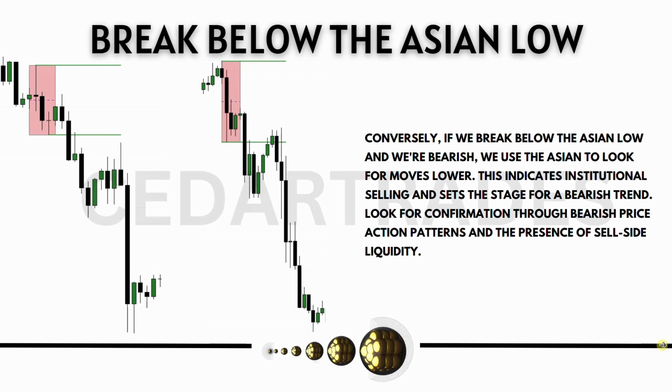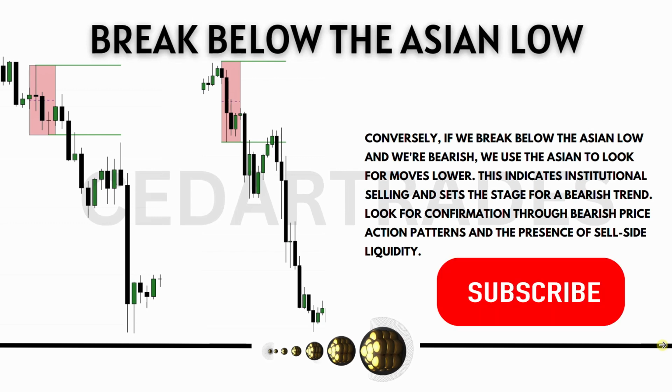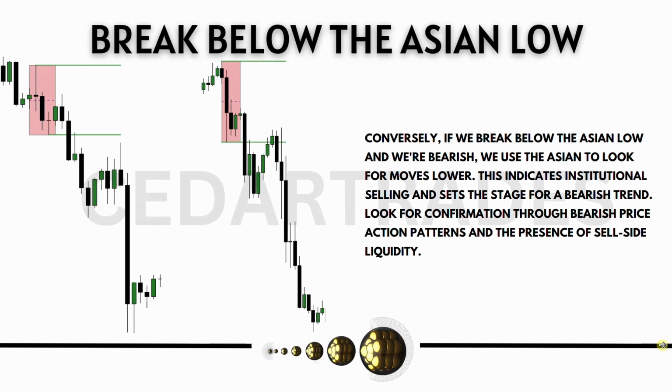Liquidity can be your previous session's lows, previous day's lows, previous week's low, previous month's low, and some may say your previous quarter's low as well. You want to see things like fair value gaps, order blocks, or breakers left by that low, so that you can look for trades later in the London or New York session.